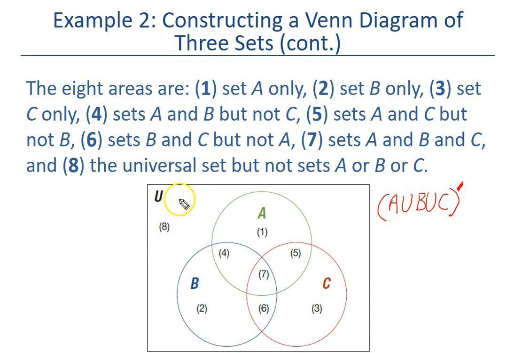Now that would be area 8, because you'd shade all of this, and then whatever's not in any of these would be in the universe, and that's what the universe equals here. It's the complement of all of these. Again, there's a number of things to look at, but let's see what they're asking here. And I'll show you how I set this up, and hopefully it'll be useful for you.